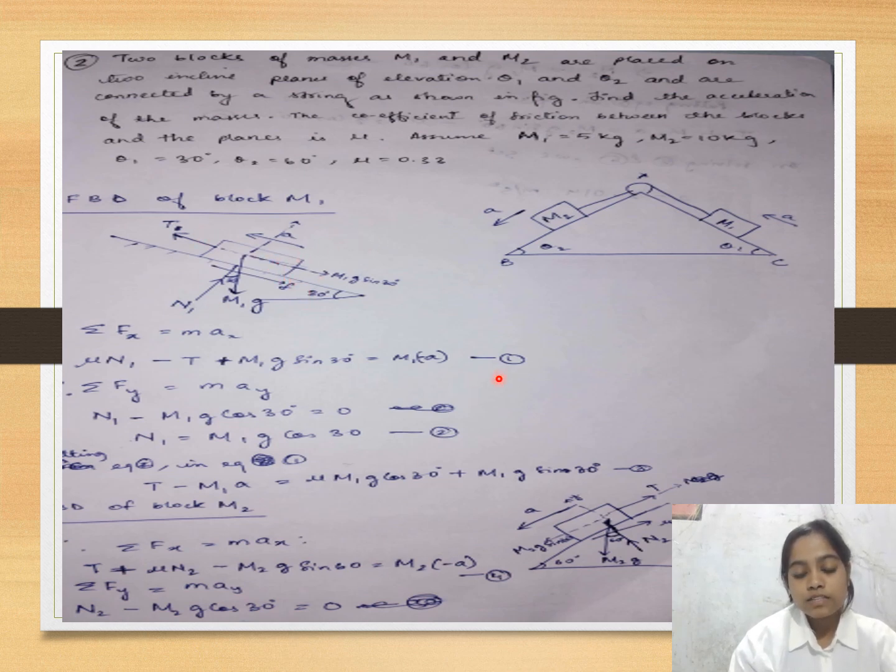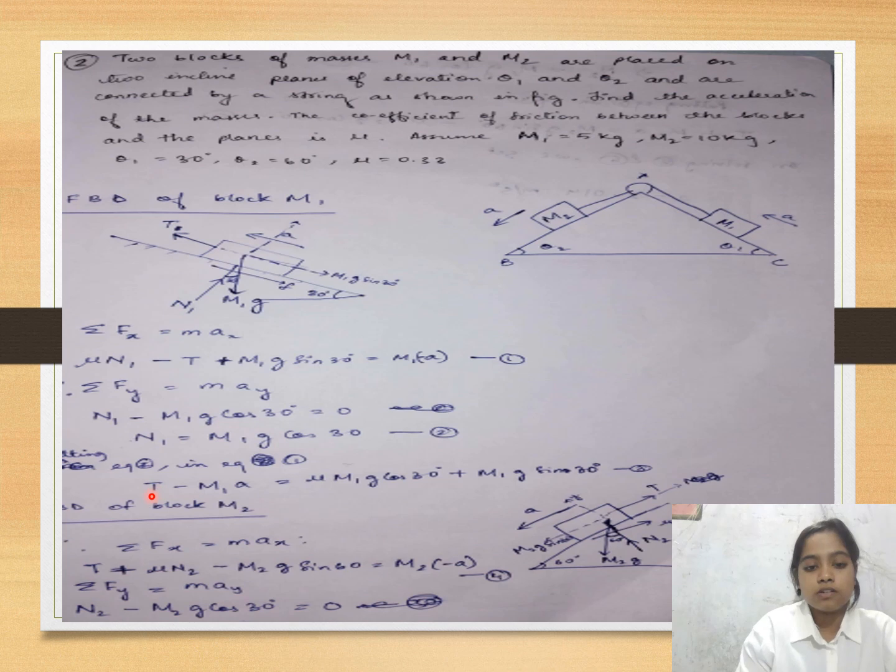Now taking the y components, we have n1 minus m1 g cos theta, so n1 equals m1 g cos 30.